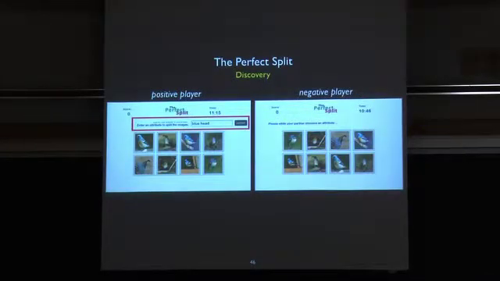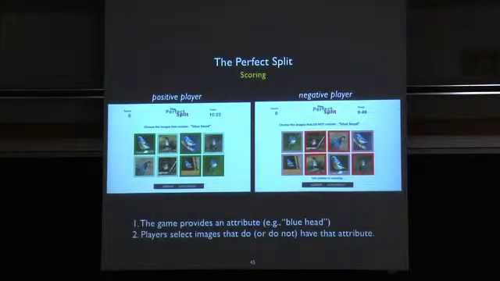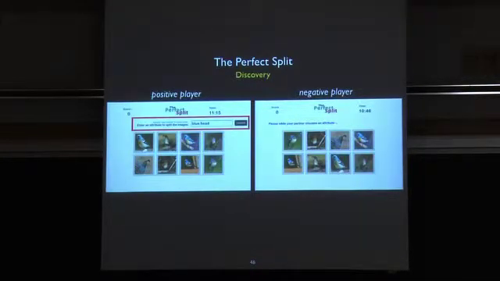Now, in this scoring mode, we actually give the players the attribute. In the discovery mode, we can ask one of the players to generate the attribute. So instead of giving them an attribute like blue head, we ask the positive player to enter an attribute to split the images. So they can choose any attribute that they like, blue head or long tail or whatever.